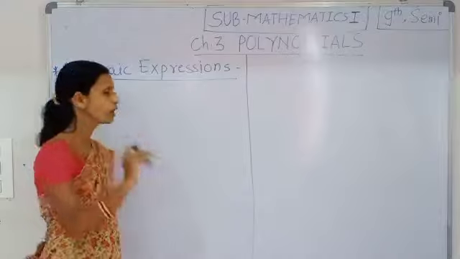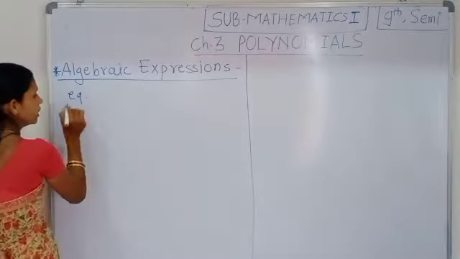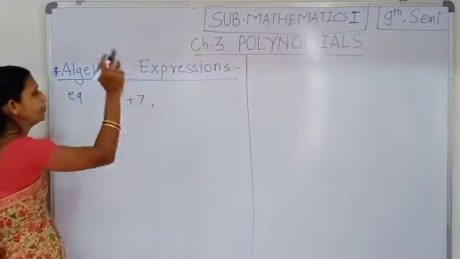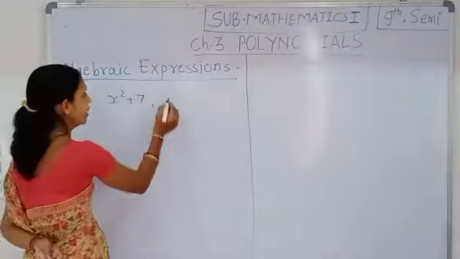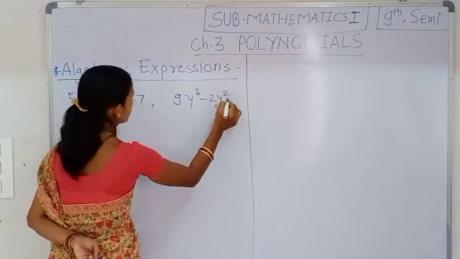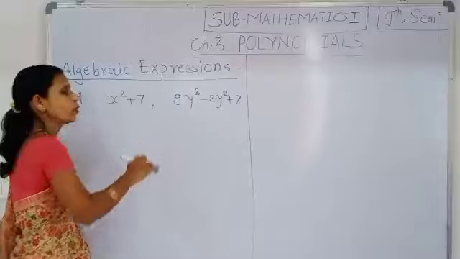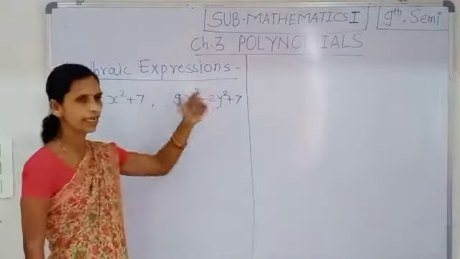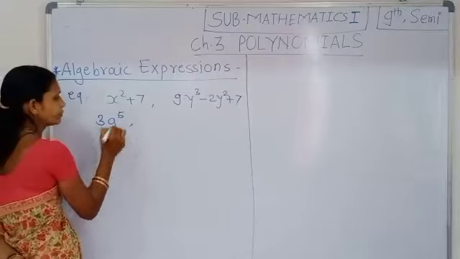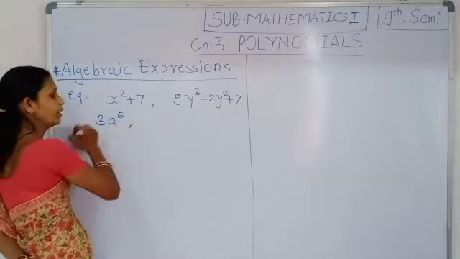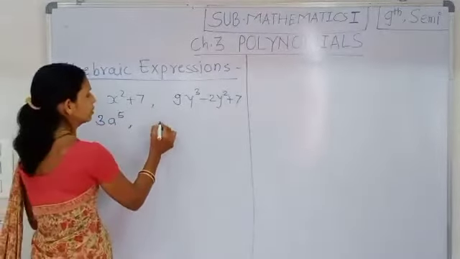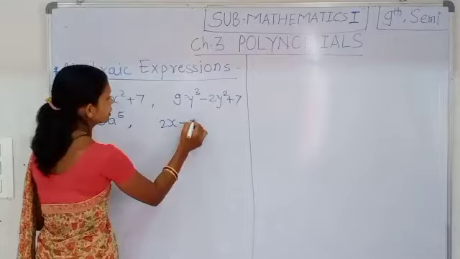For example, x square plus 7 is an algebraic expression, as well as 9y cube minus 2y square plus 7, also 3a raised to 5, and 2x minus 5y.